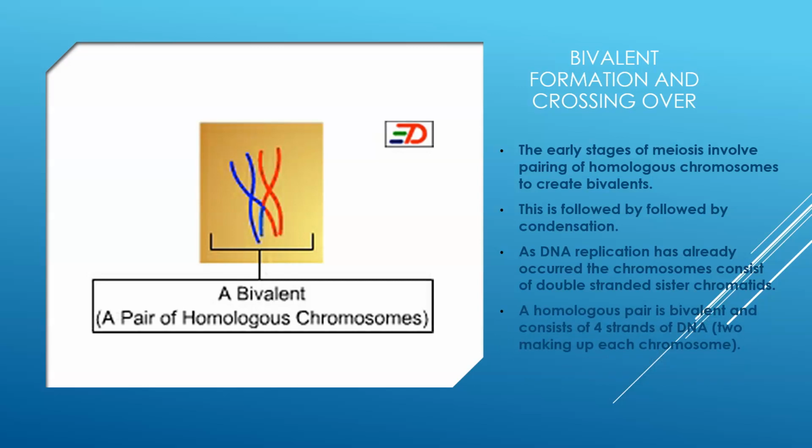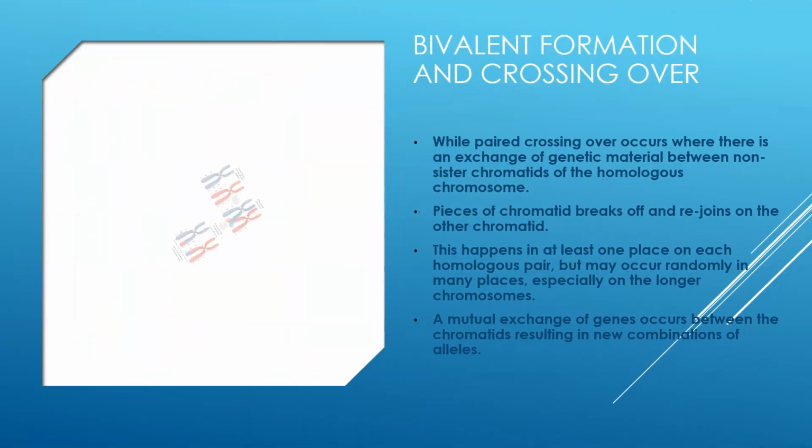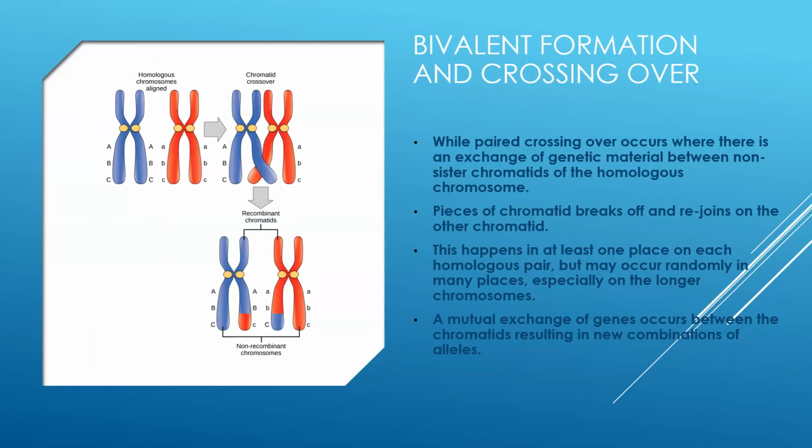A homologous pair is a bivalent, two of the same, and consists of four strands of DNA, two making up each chromosome. That's all good. While paired, crossing over occurs, where there is an exchange of genetic material between non-sister chromatids of the homologous pair.